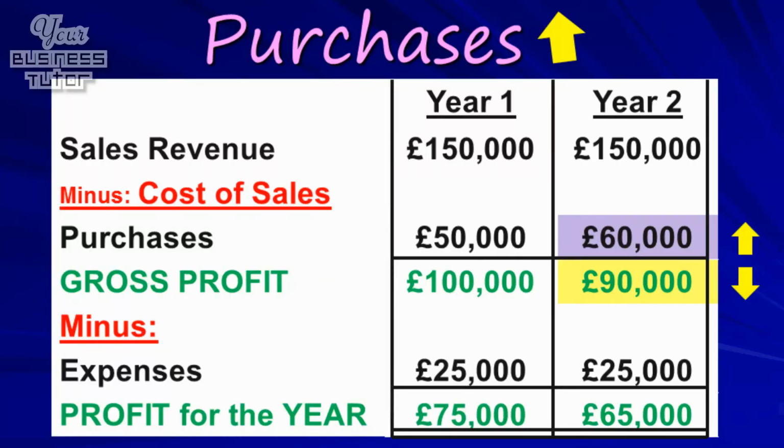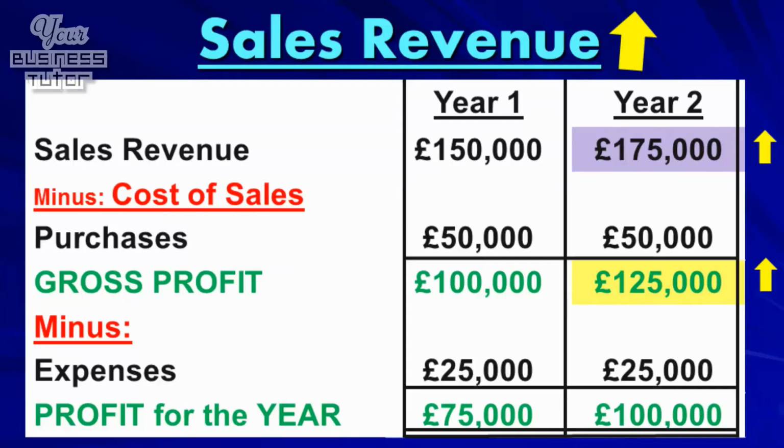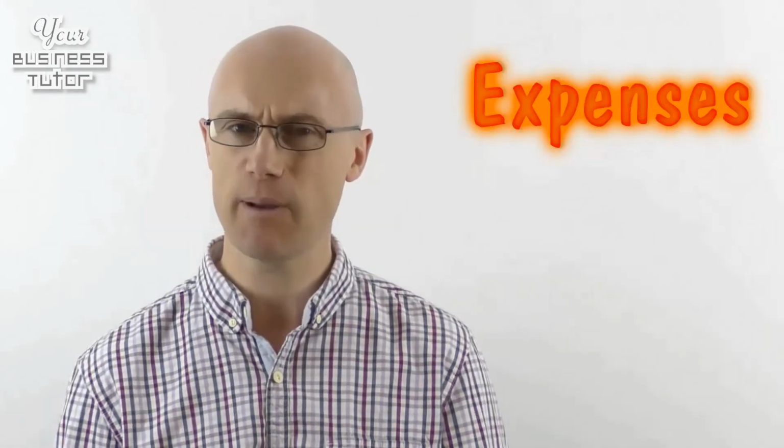For example, if we go back to look at an increase in inventory purchase costs, it can be seen that this has the effect of reducing gross profit. Whereas when sales revenue rose, the effect on gross profit was positive. This is important to know because the final factor we will be looking at, expenses, only influences profit for the year and not gross profit.